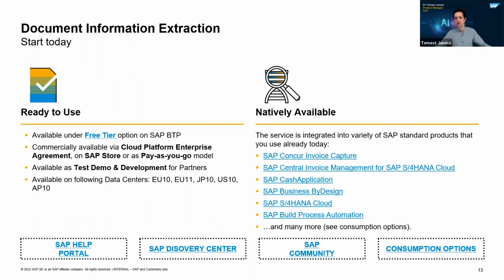For partners who are interested in building applications on top of this service, there are also the TDD licenses, so the test, demo, and development approach that are available for our partners. As I've mentioned before, the service is available on different data centers in Europe, in Asia Pacific region, as well as in North America.